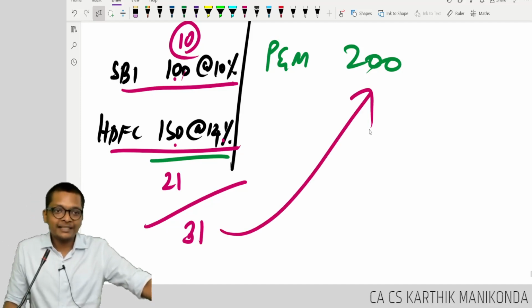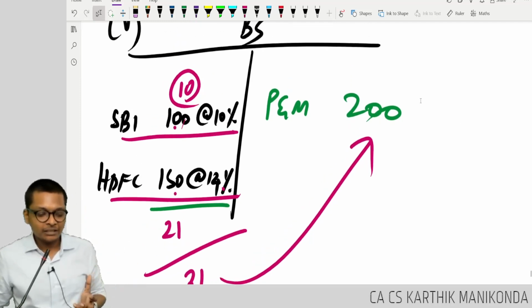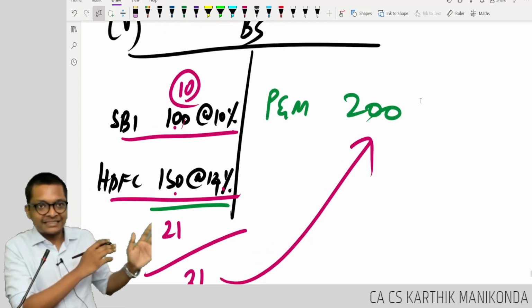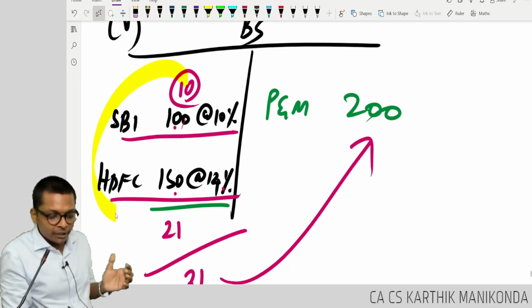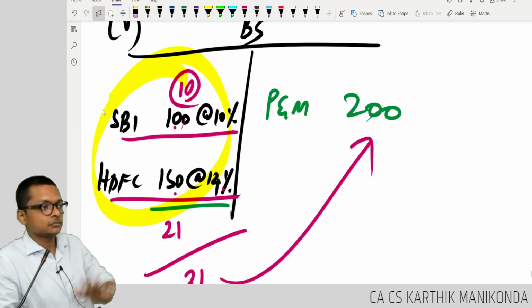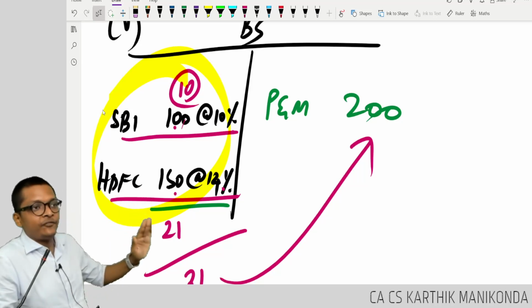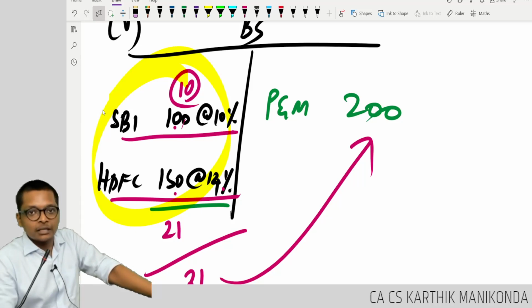Are you following, guys? So in my business, I have some general borrowings. This borrowing I can use for anything. I use 200 for plant and machinery. How do you find out the amount?